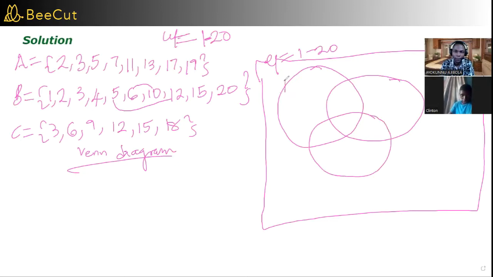So for sets A, B, and C, we need to check the common elements of each set. Let's check what is common to A and B and C. That is A intersection B intersection C. What are the elements that we can find in A, in B, and in C? There is 1 in B. There's no 1 in A and C. So 1 is not common.